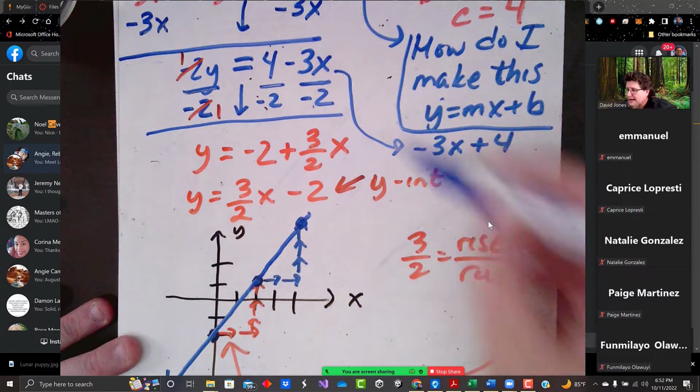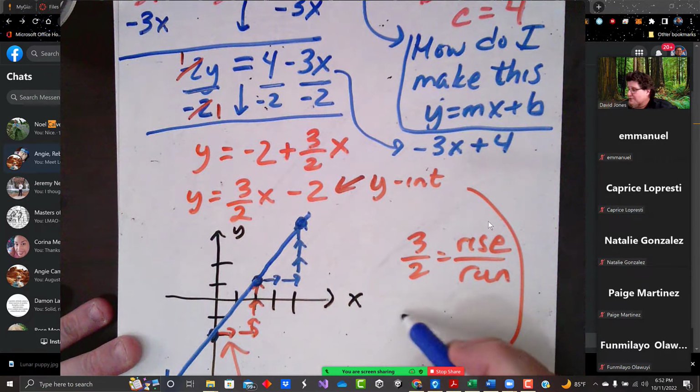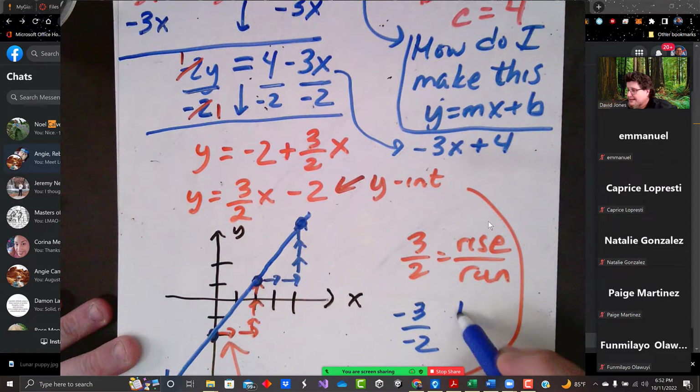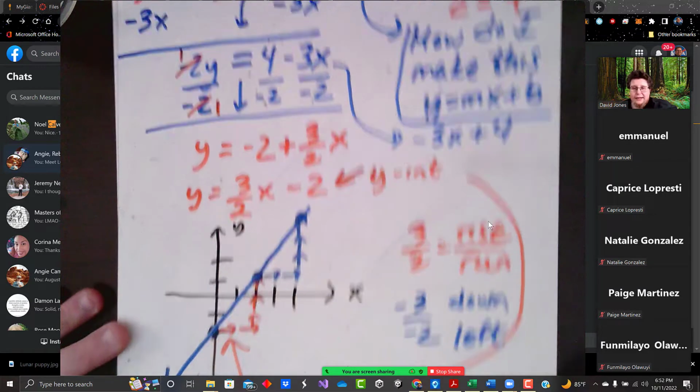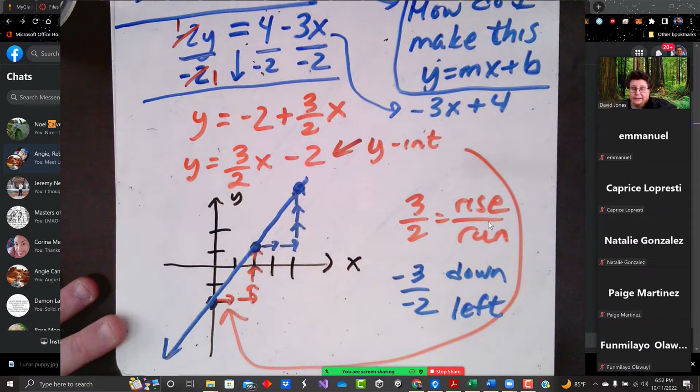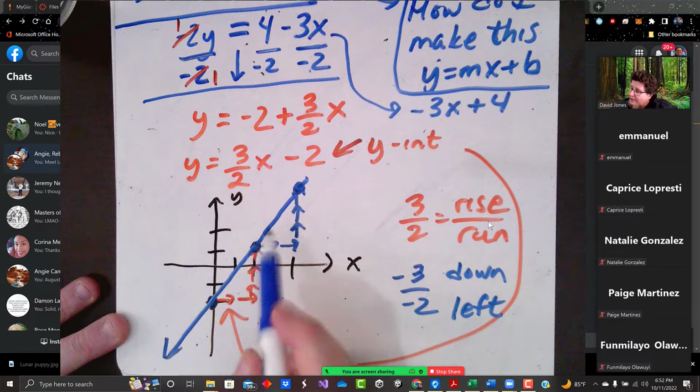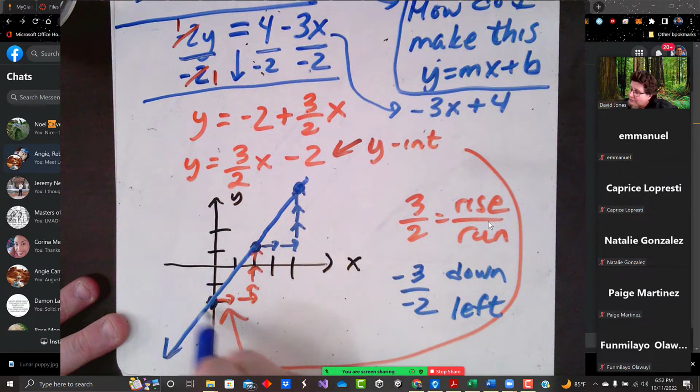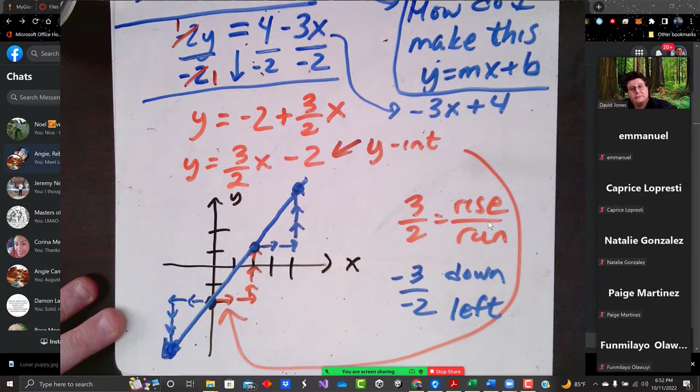And just like 3/2 started as -3 over -2, I could treat this as going down 3 and left 2. So doing both negatives, left 2 and then down 3, that gets me back on the graph again. So that's how the slope and the y-intercept work.